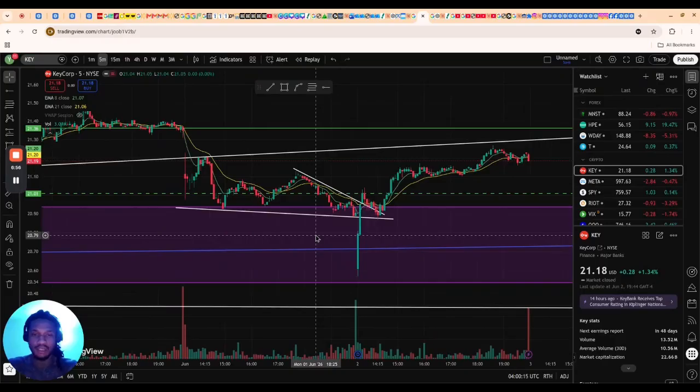And I told them the analysis is because we have a bullish divergence. Bullish divergence is when the stock is making lower lows, but the indicator is making higher highs. So with that, two different things happening at the same time creates a divergence.